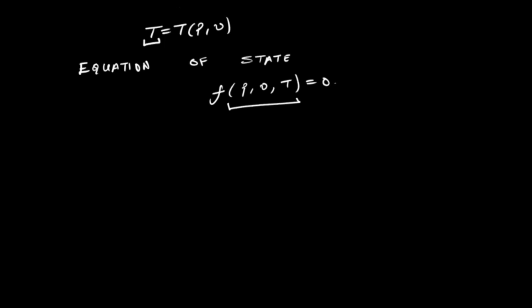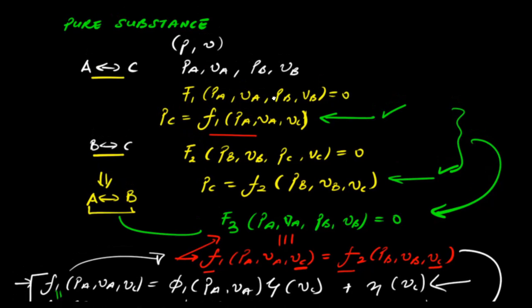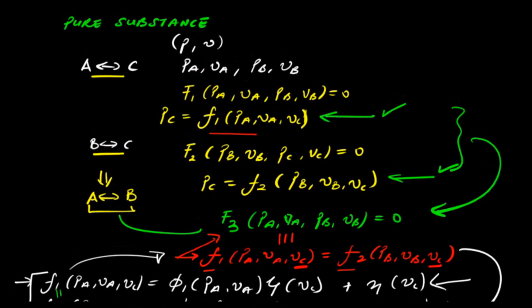Now, if we look back, for thermal equilibrium between A and C, B and C, and A and B, we have three equations denoted by capital F1, F2, and F3 equal to 0.